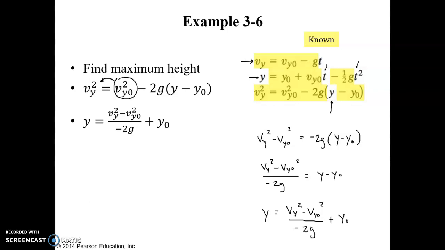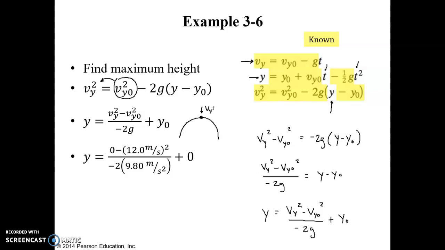Now we can plug in what we know. We know that the final y velocity, when the ball reaches the peak of its trajectory, will be 0 because it's reached its highest point for a split second. It's not moving up or down, and then it starts to come back down. So that's 0. The initial y velocity we determined was 12.